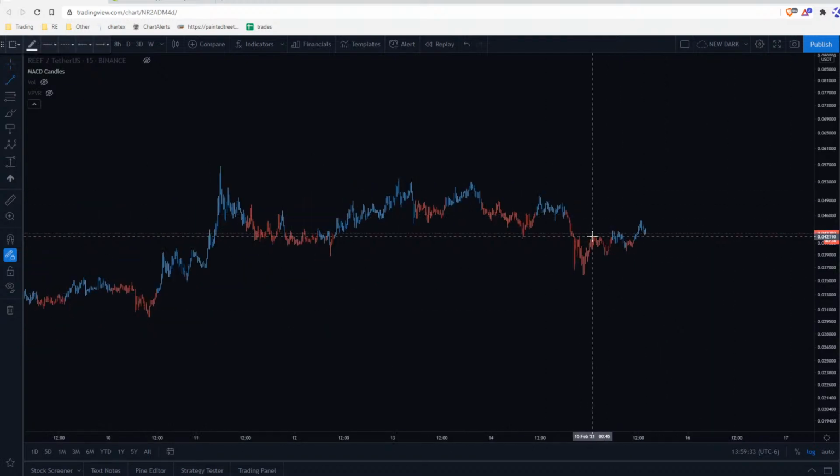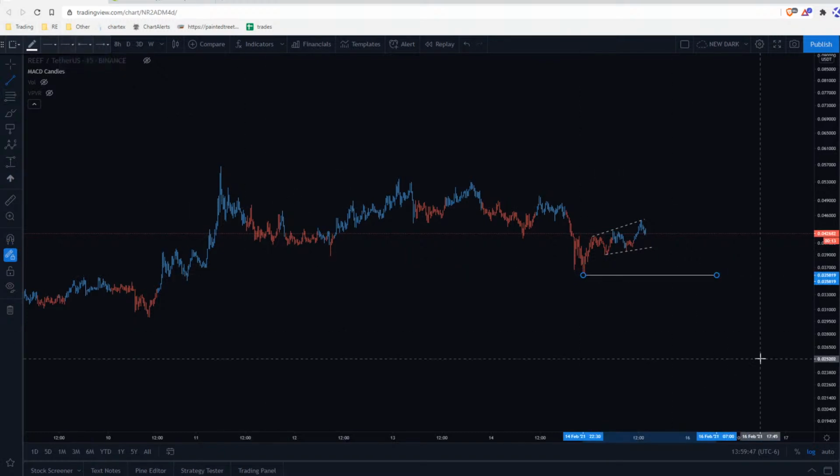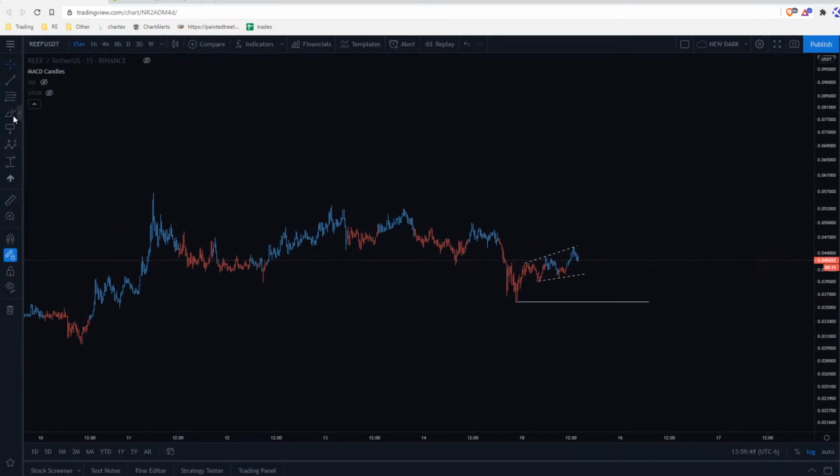So I would be looking for something like this on Reef. And you want this low to hold. So essentially you want it to come down like this, up like this, and your entry is over here.